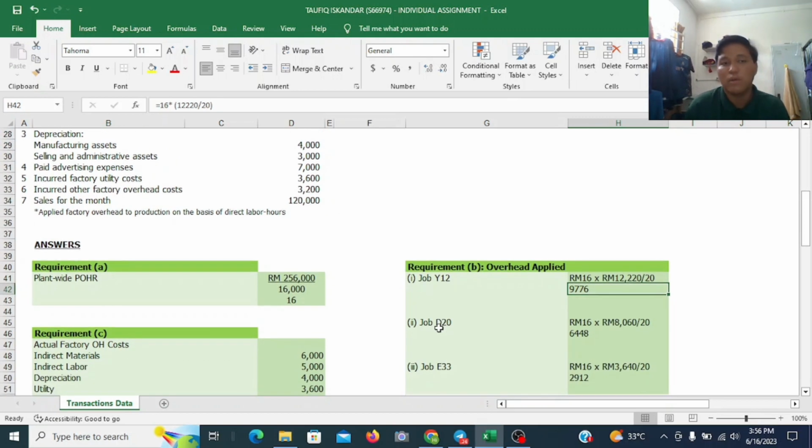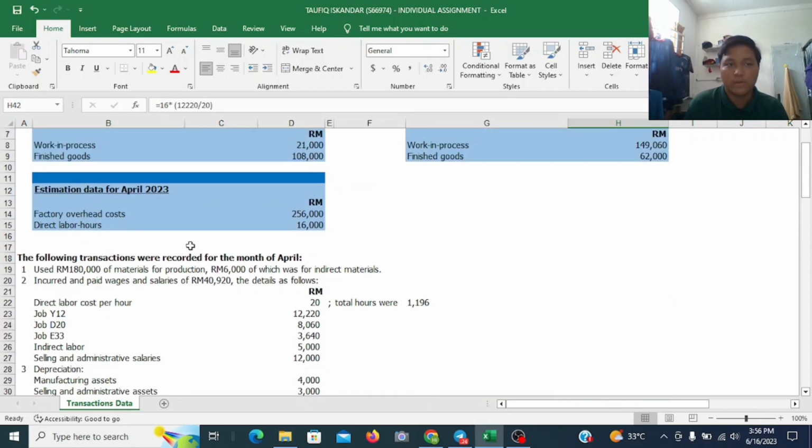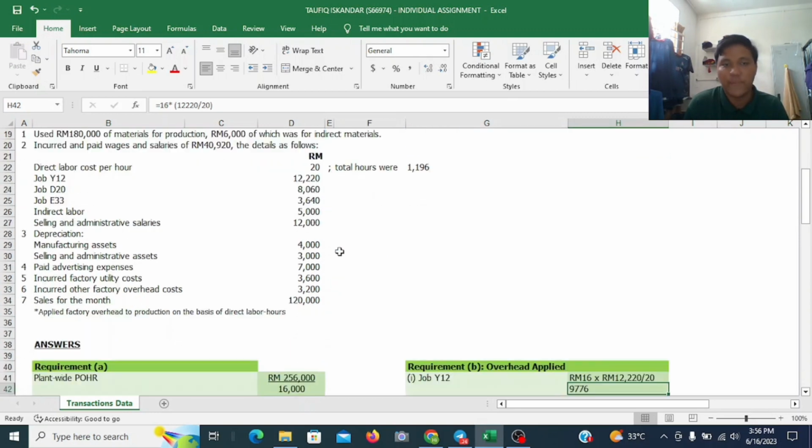As you know, the formula to find the POR is estimated factory overhead cost divided by estimated activity base. The company uses direct labor hours. So we need to find the estimated direct labor hours, which is 16,000, and the estimated factory overhead cost is 256,000.